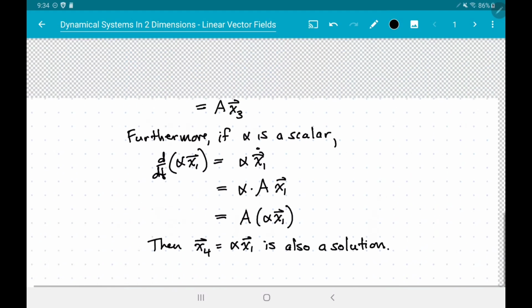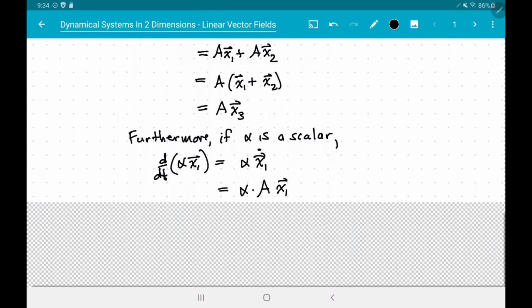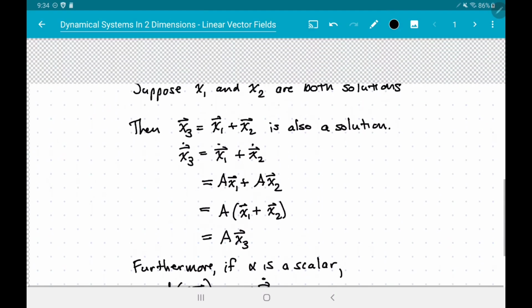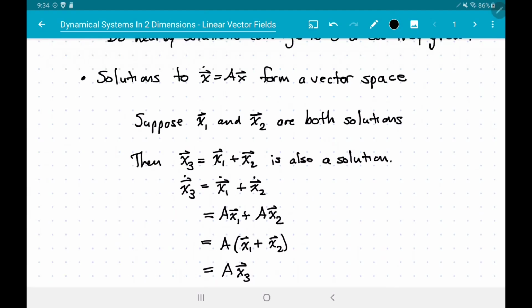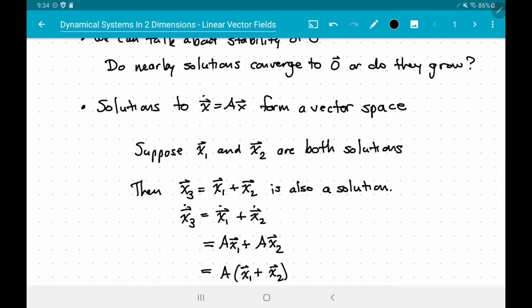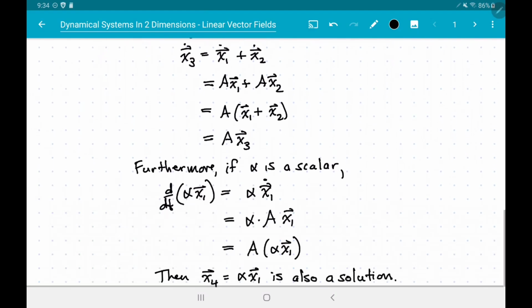So we have proved that by adding functions in the obvious way and multiplying by scalars in the obvious way, the set of solutions to this linear differential equation is closed under addition, it's closed under scalar multiplication, it has a zero element, which is the zero function, so that's what you need to confirm that it's a vector space.